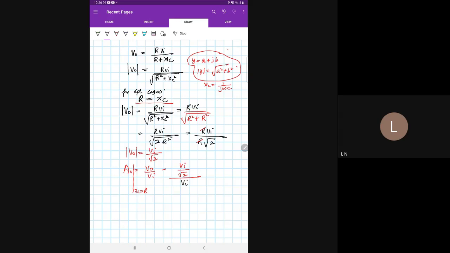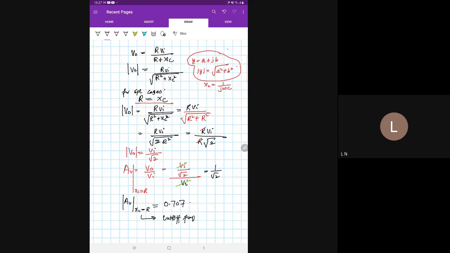V input at the top and V input at the bottom cancel, and we obtain 1 by root 2. So the voltage gain at the point when XC is equal to R is 0.707.